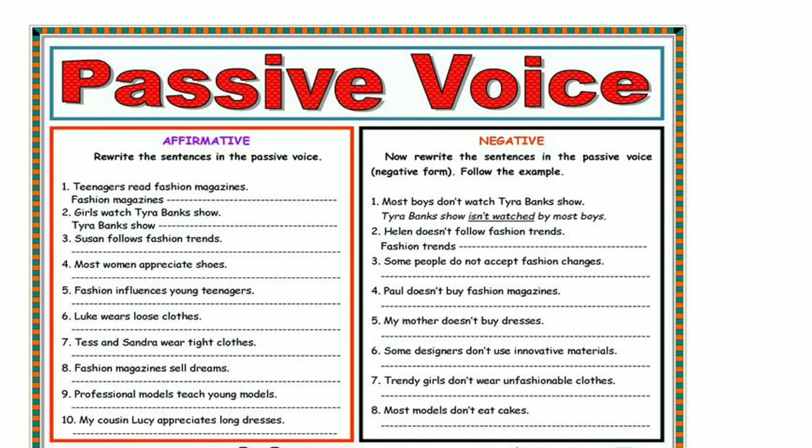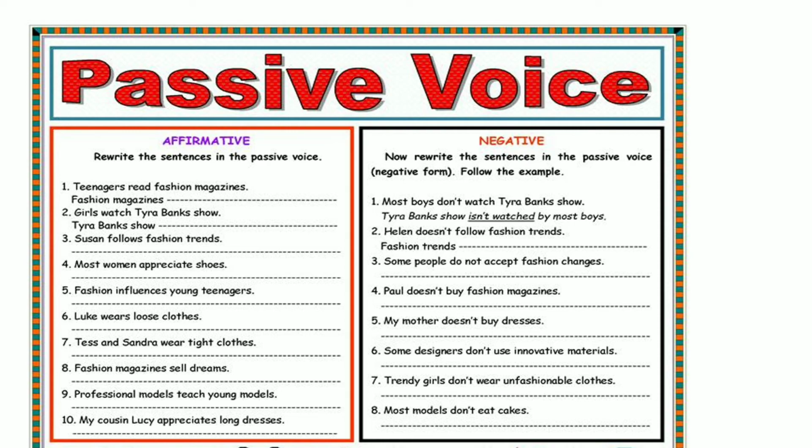For negative, see the example. Most boys don't watch Tyra Banks show. Most boys are the subject, right? And then don't watch is the verb, and Tyra Banks show is the object. Now we put the object first: Tyra Banks show.